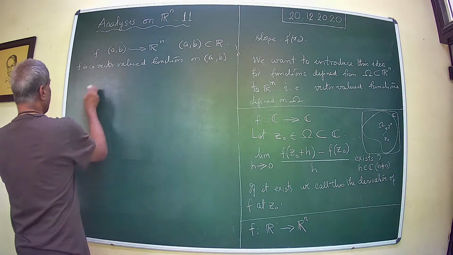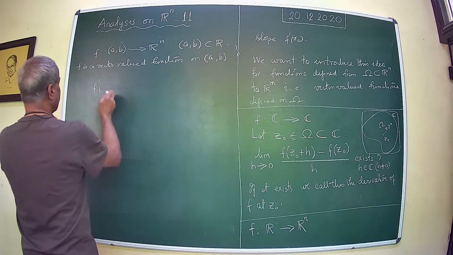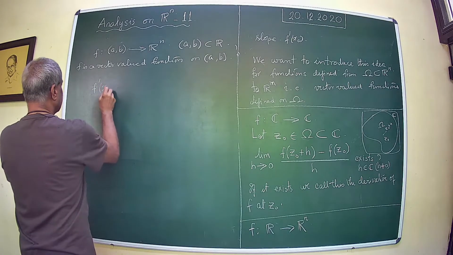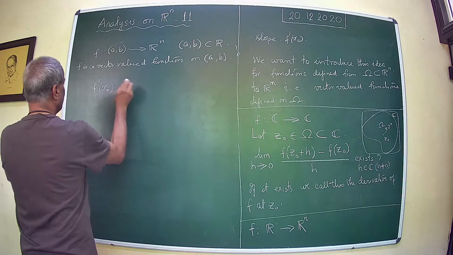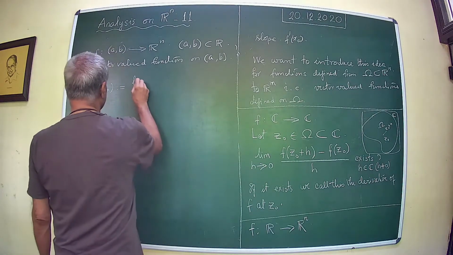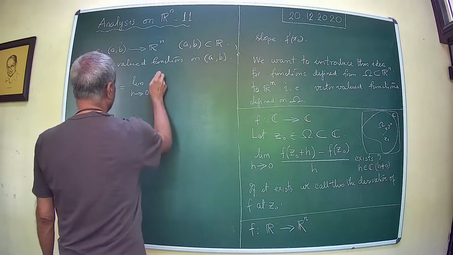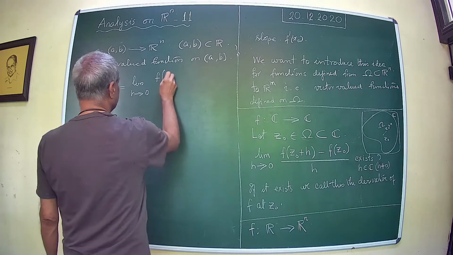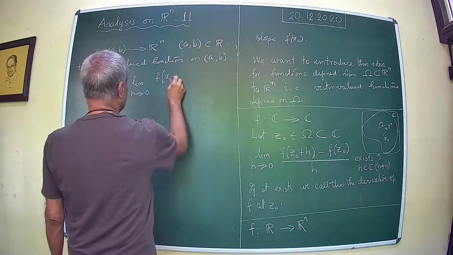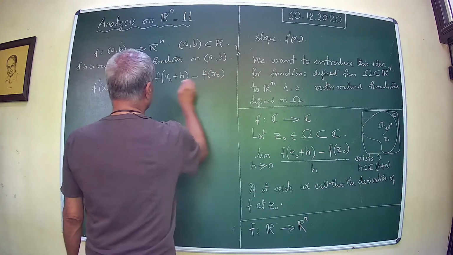So formally, our derivative, f derivative at x naught will be, if it makes sense, limit h tending to 0 of f of x naught plus h minus f of x naught divided by h.